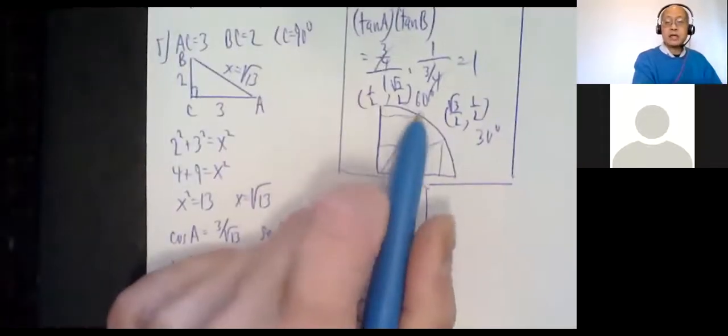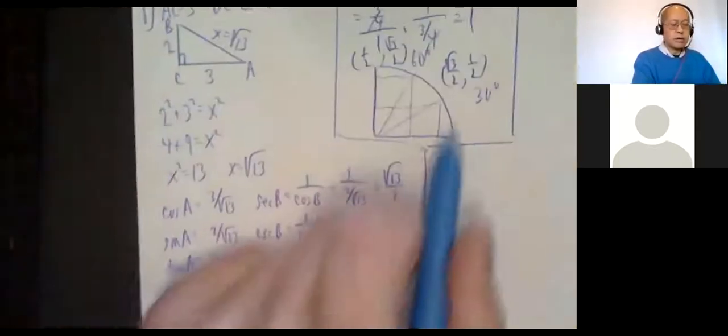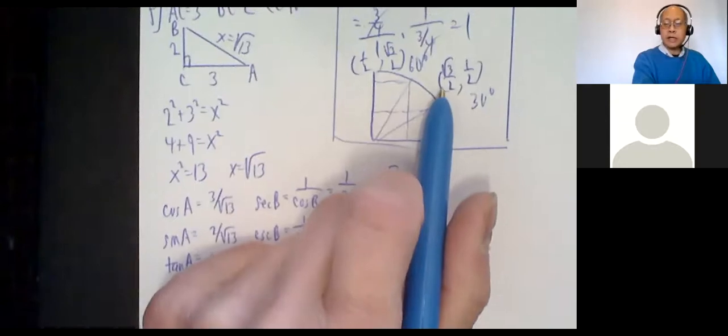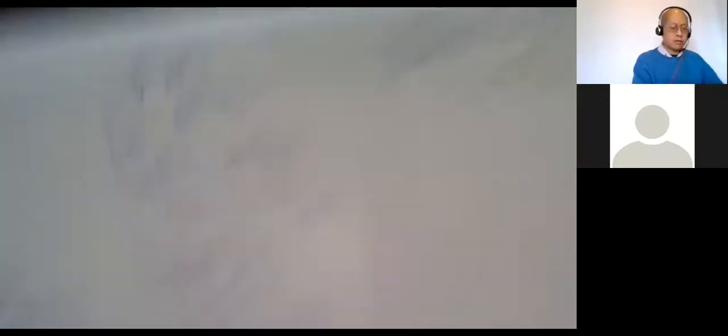Okay. So cosine of 60 degrees, x coordinate, 1/2. Cosine squared of 30 degrees minus sine squared of 30 degrees. So cosine of 30 degrees, x coordinate, radical 3/2. Sine squared of 30 degrees.